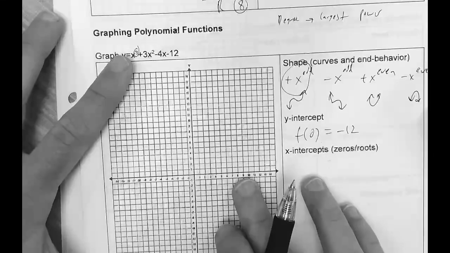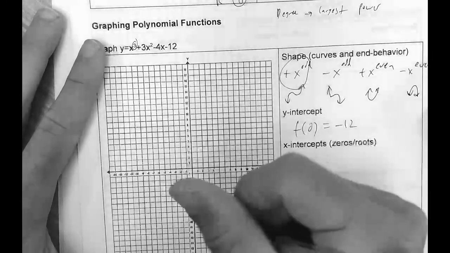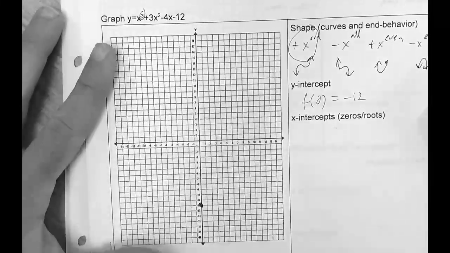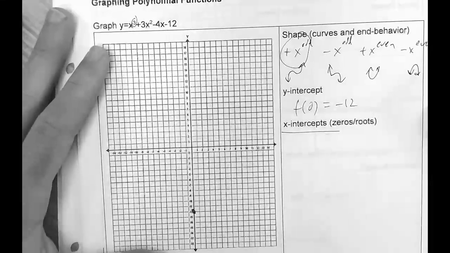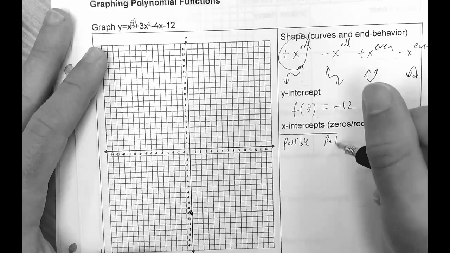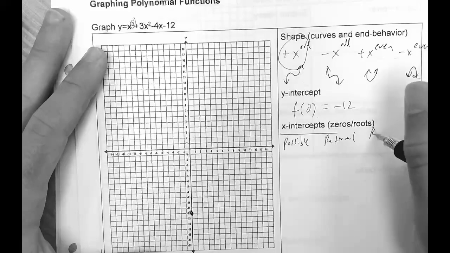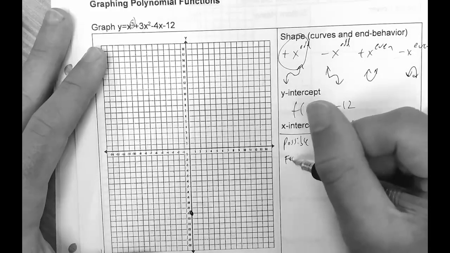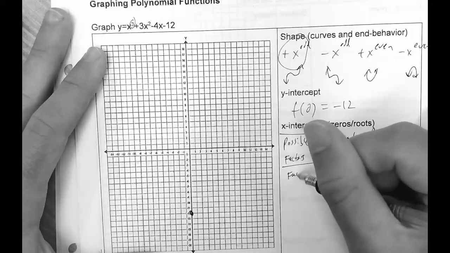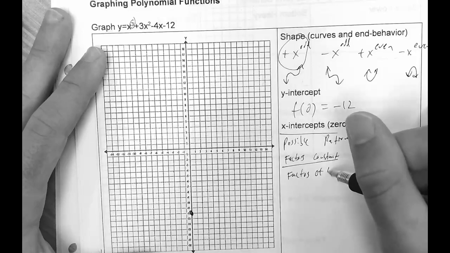I know that my y-intercept is (0, -12), so right here. That's not a lot. Let's get the x-intercepts. So for the x-intercepts, you need to know the possible rational roots. Remember this? Possible rational roots are the factors of the constant divided by the factors of the leading coefficient.